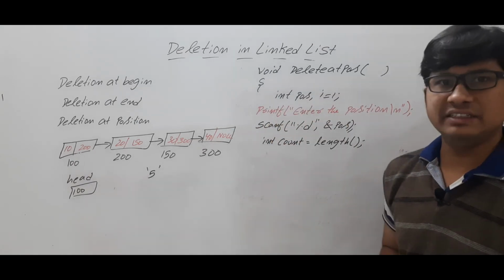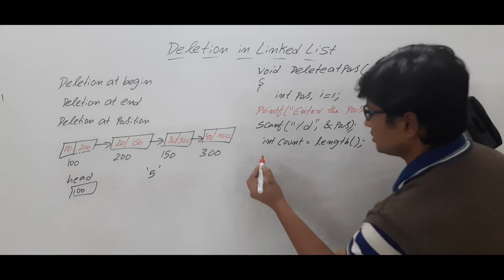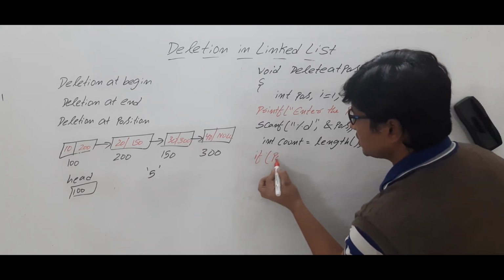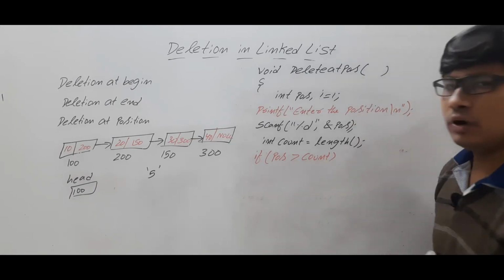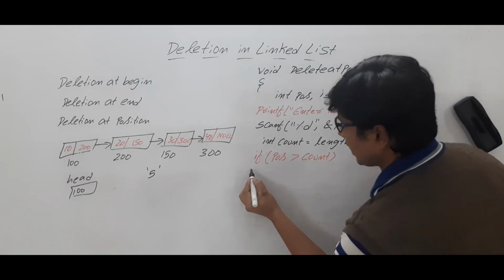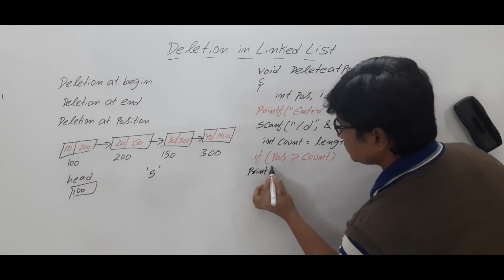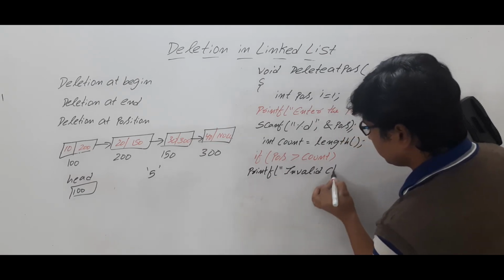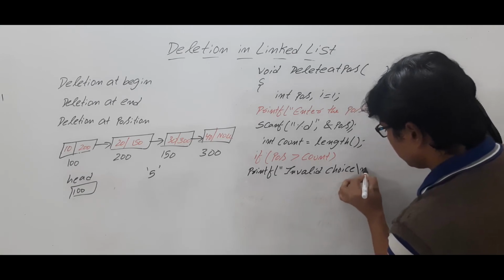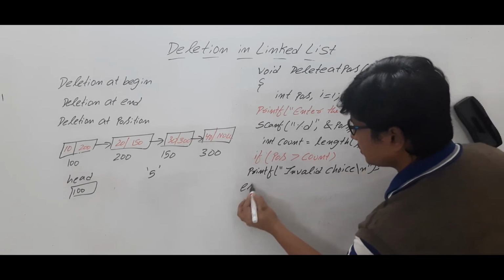It is not valid. So what you can write is: if position is greater than count, then display invalid position, else.